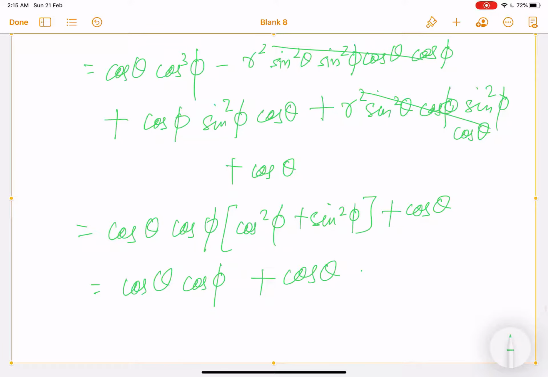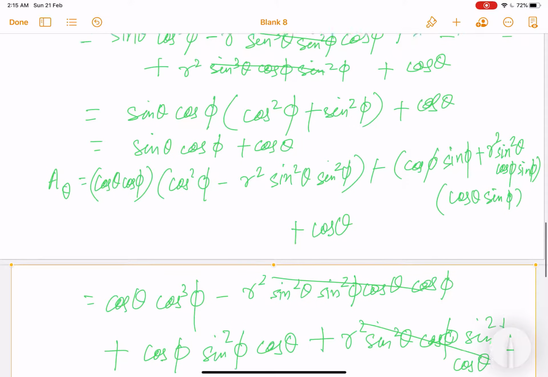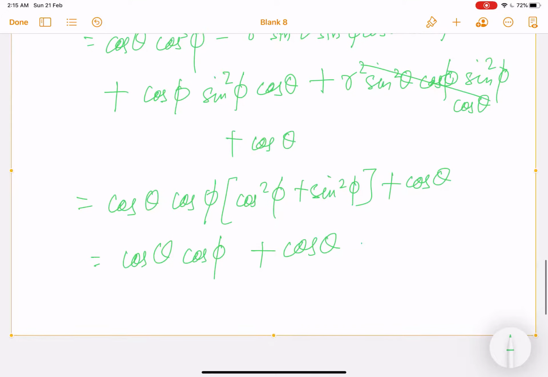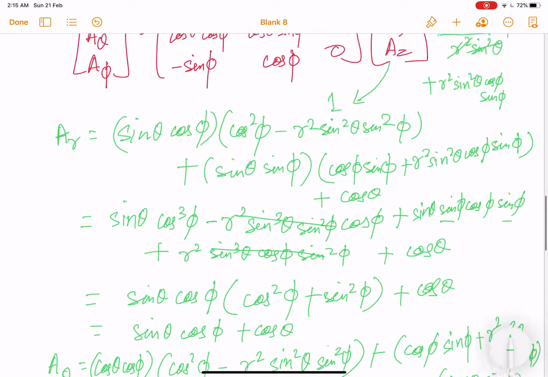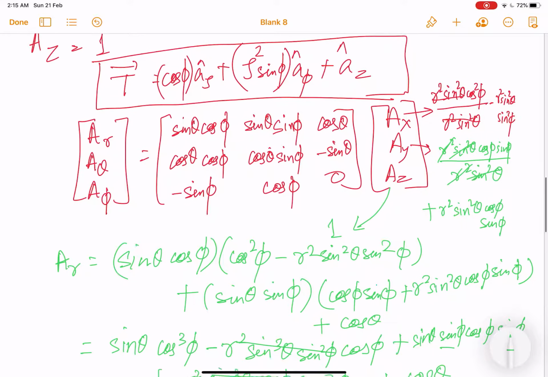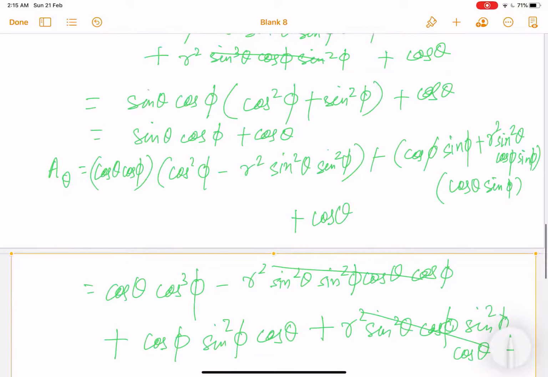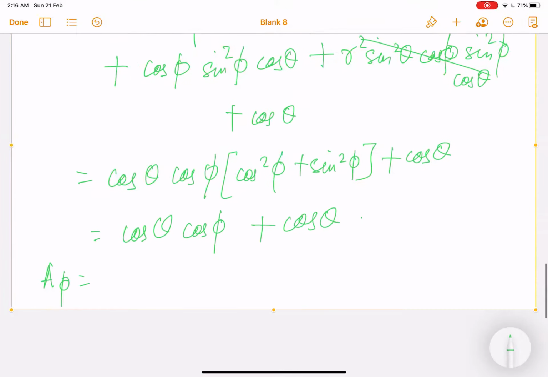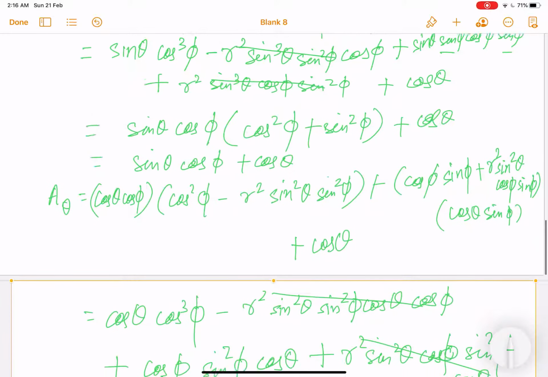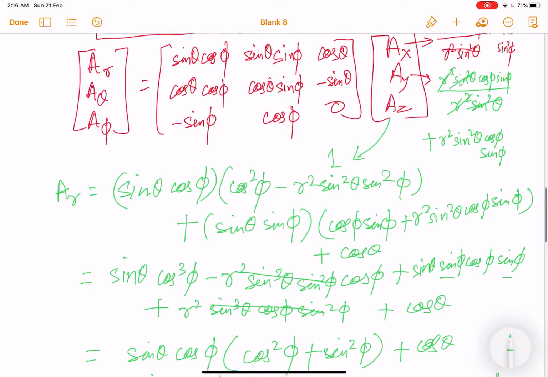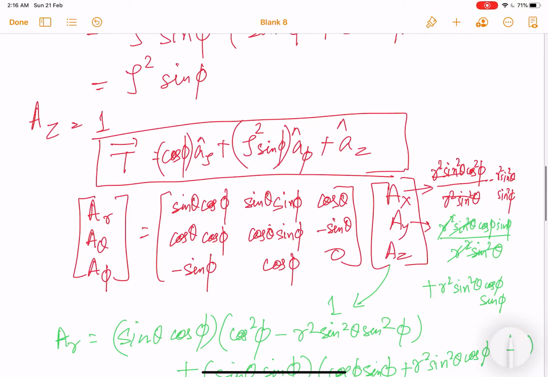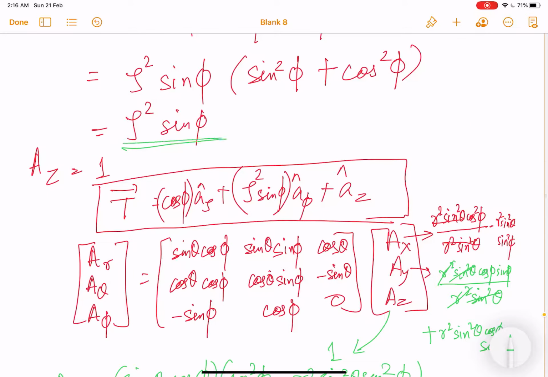And now A phi. Yeah, I have to take out A phi. If I see in the previous one, I have already taken out A phi over here. Well, I'm just using a little shortcut.